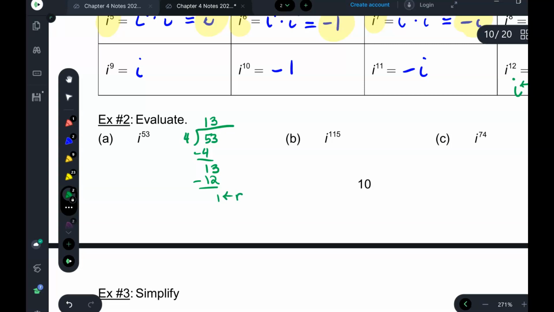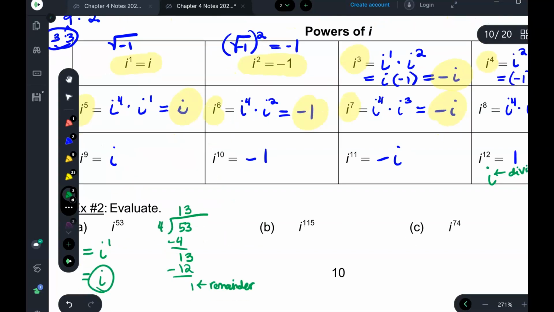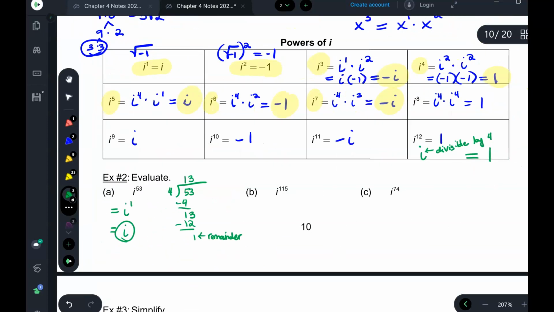That's my remainder, so that's the exponent that I need. This is going to be equal to i to the first power, which is just i. So i to the 53rd power is the same as i. What I basically want you to end up with is one of these answers: i, -1, -i, or 1.